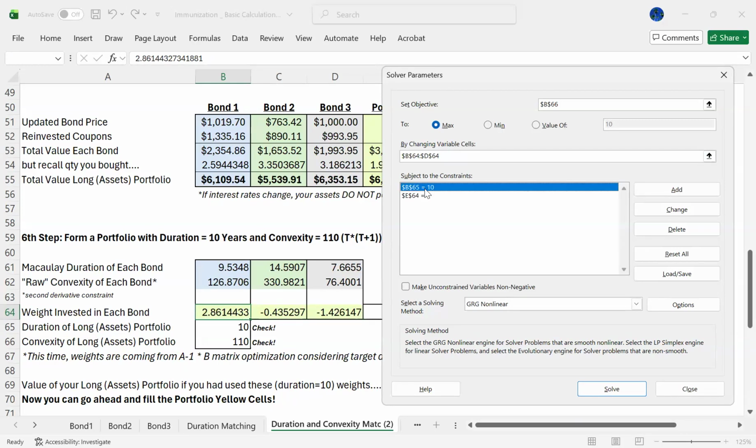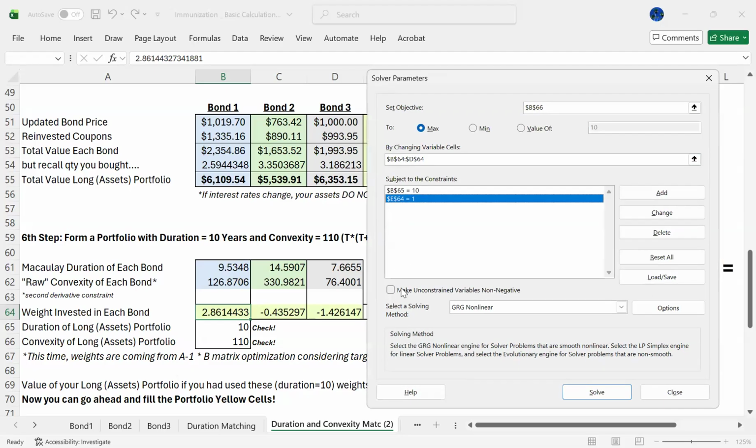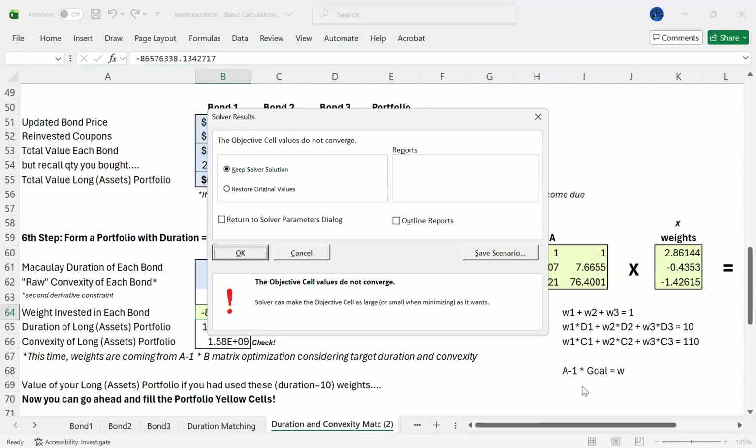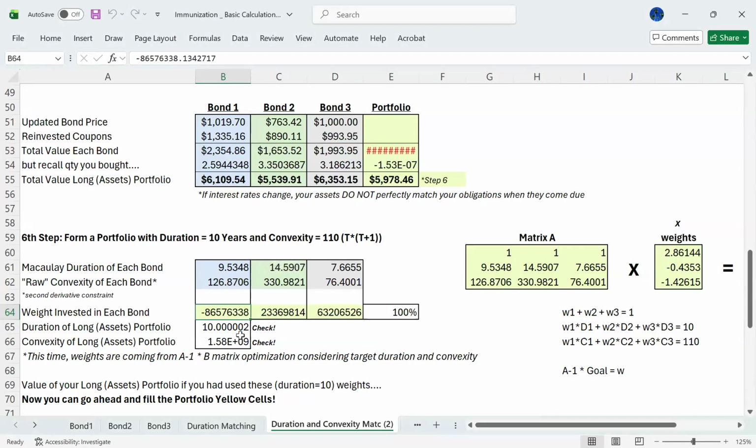Subject to the following constraints, I added duration as a constraint, so B65 has to be 10, and E64, which is the sum of the weights, has to be equal to 1, which is 100%. I'm not marking that unconstrained variables have to be non-negative. I'm keeping it like that, and then I'm solving. And then I'm finding this solution.